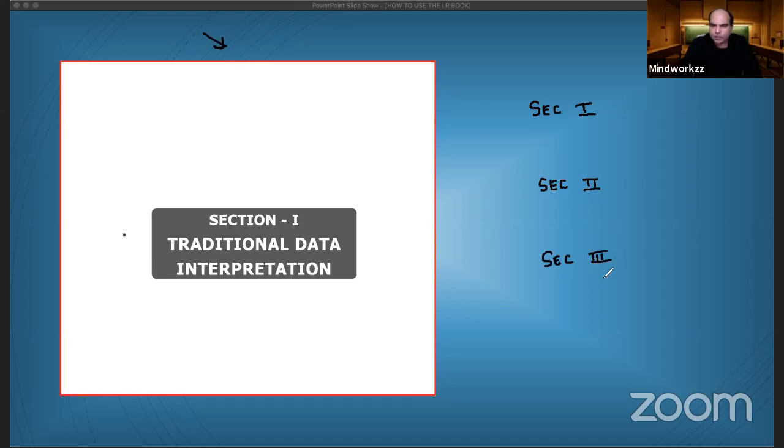Section 1 is traditional data interpretation. Section 2 is logical data interpretation. And Section 3 is archives from the past years.